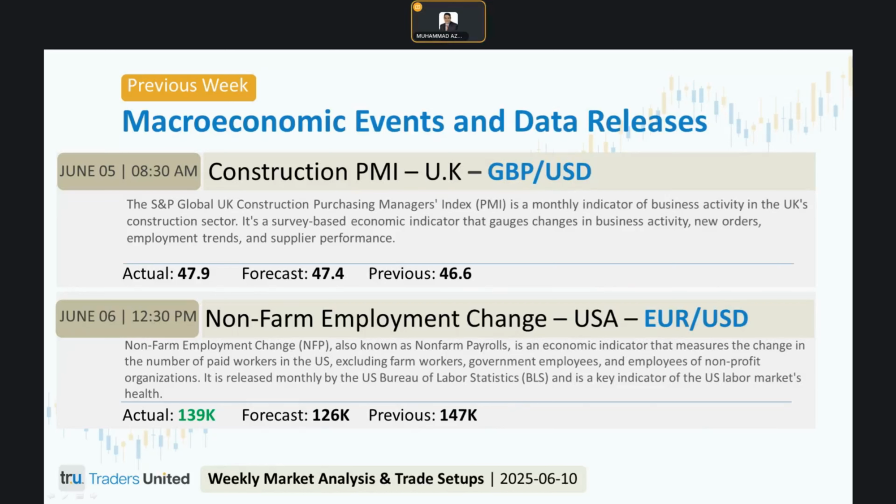It is based on survey responses from purchasing managers across the residential, commercial, and civil engineering industries, tracking indicators such as business activity. And then we have new orders and client demand. The next one is the employment trends, input costs, and supply delivery times.